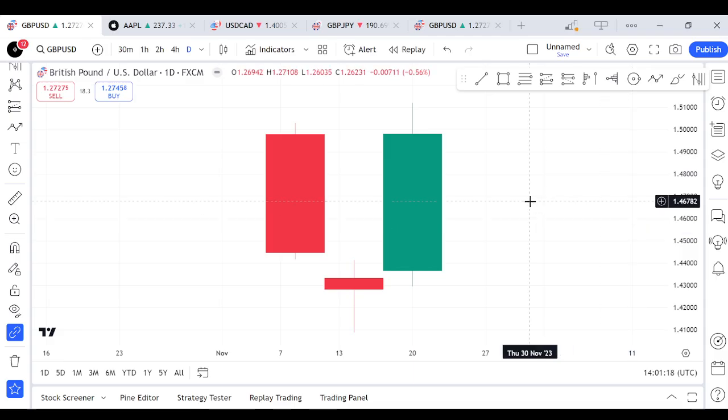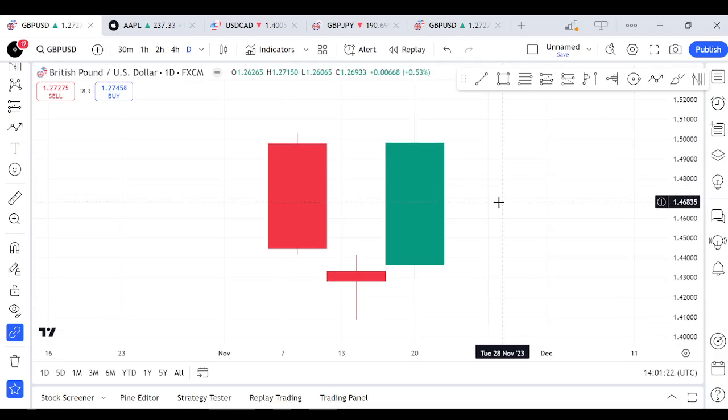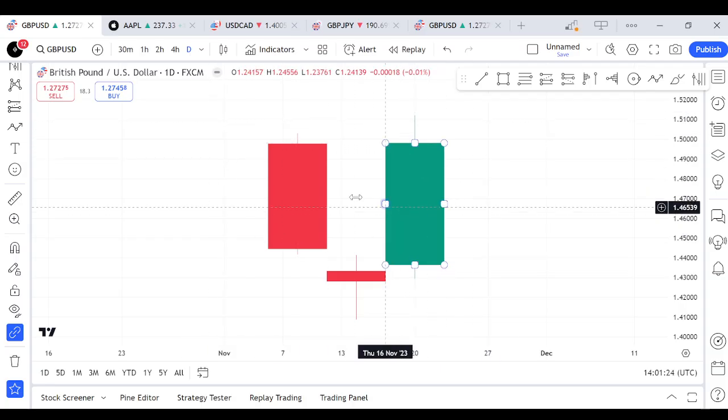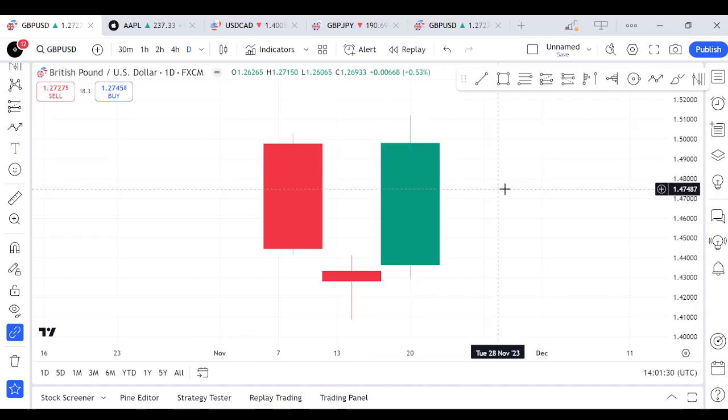This is the TradingView platform and we are on the daily chart on GBP/USD. I'm just going to explain the Bullish Doji Star candlestick with this illustration. The Bullish Doji Star pattern is a candle formation that signals a potential trend reversal in a downtrend.